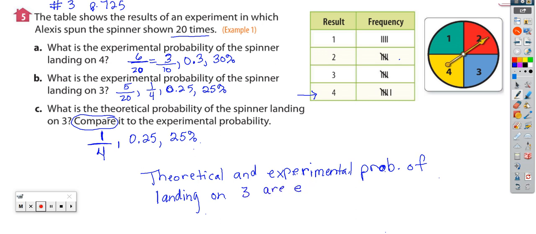So just a little statement about the comparison. This time they are equal. So mathematically what it said happened actually did happen in the experiment.